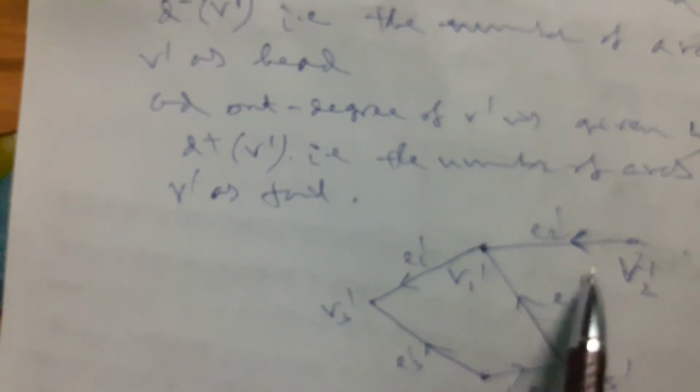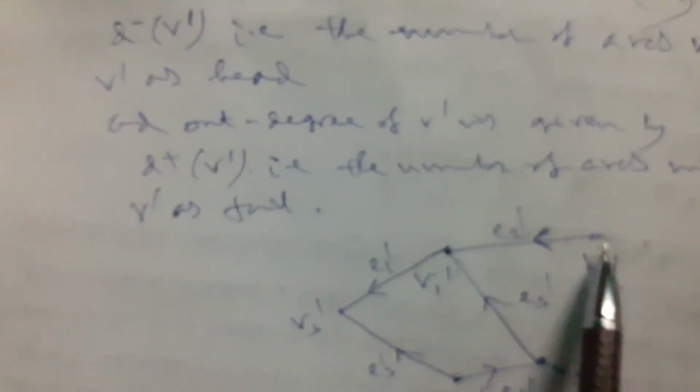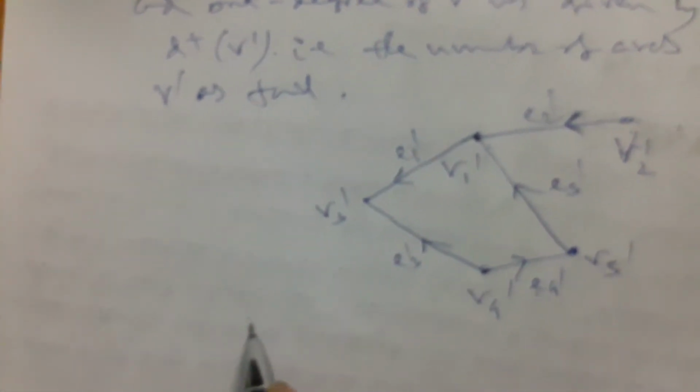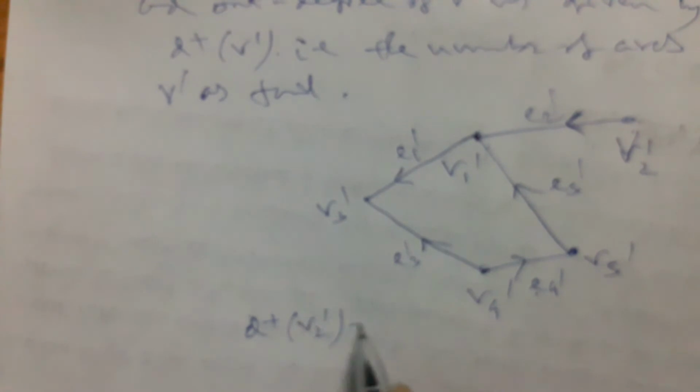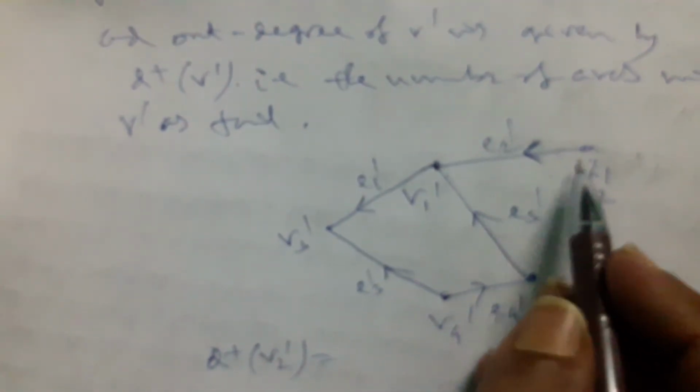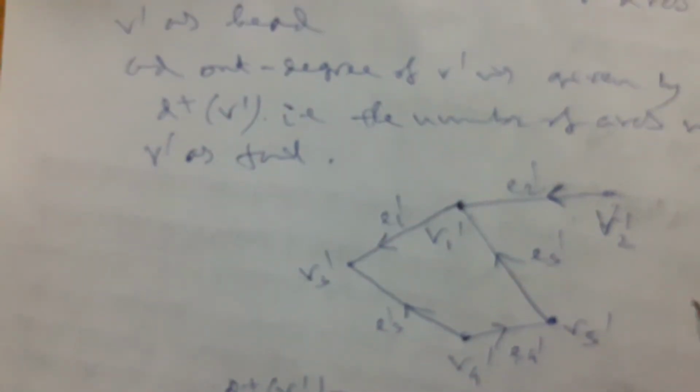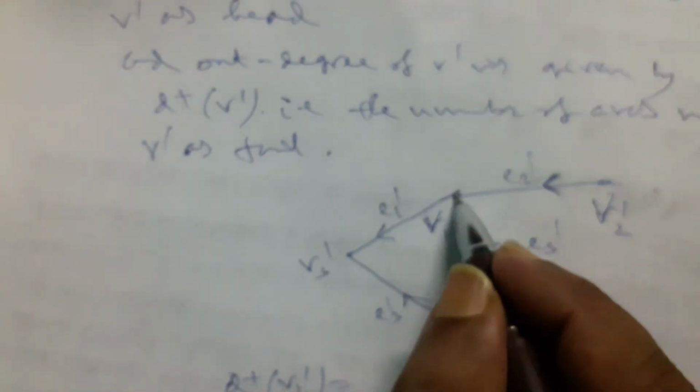So here it will be the out degree, it's an out degree function. It will be d plus of v2 dash, from tail to head. From v2 dash to v1 dash, the out degree is only 1.